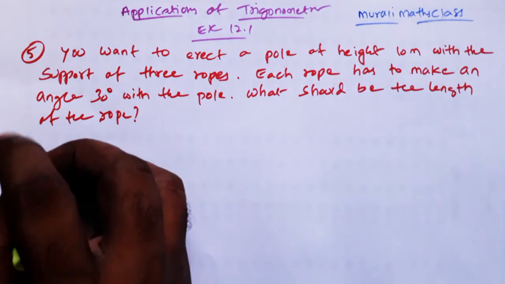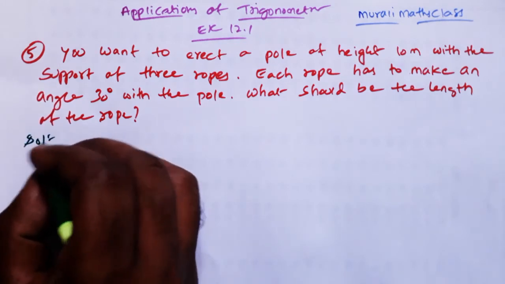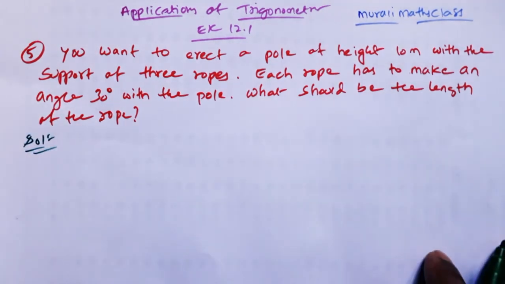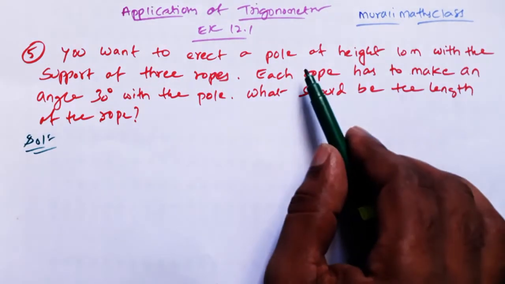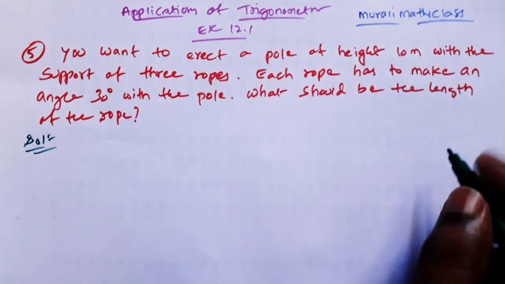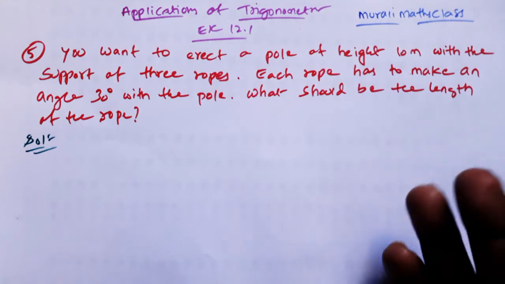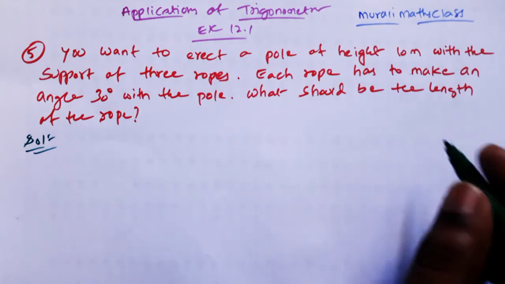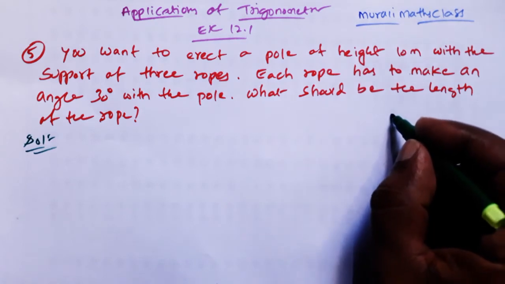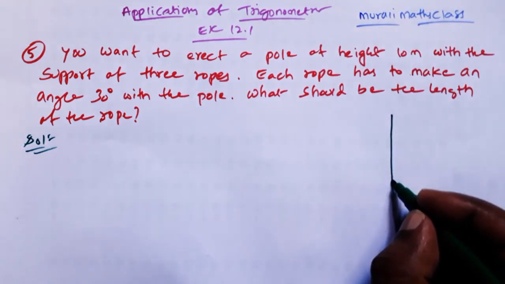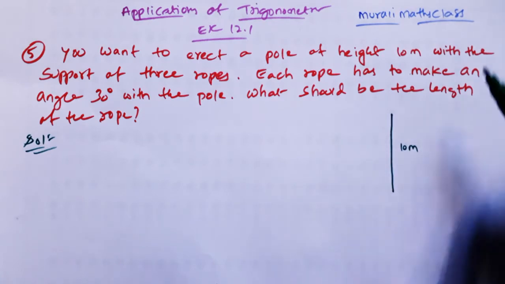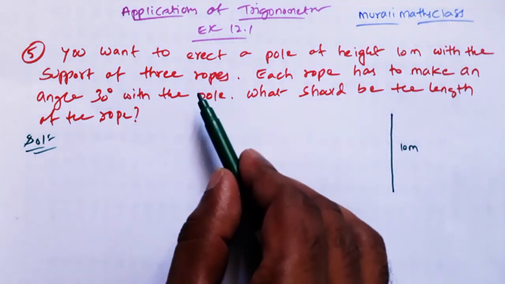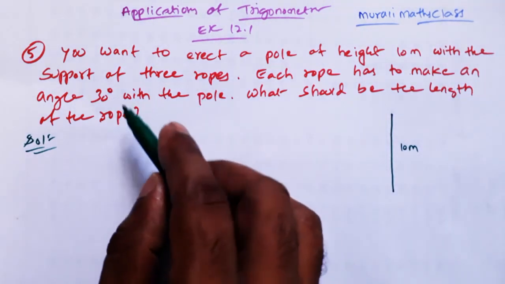So now we will see how to solve this problem. What is said? You want to erect a pole of height 10 meters. So one pole we need to erect. Erect means we have to make it stand, like this. This height is given as 10 meters with the support of three ropes.